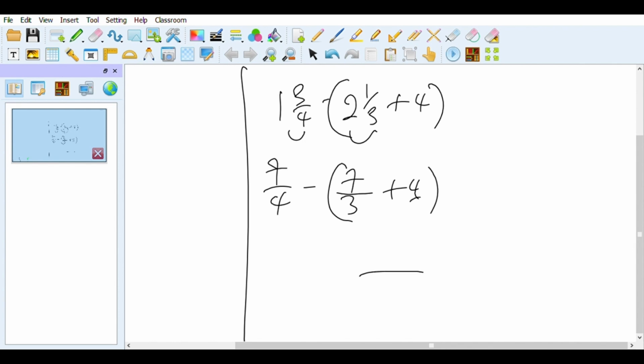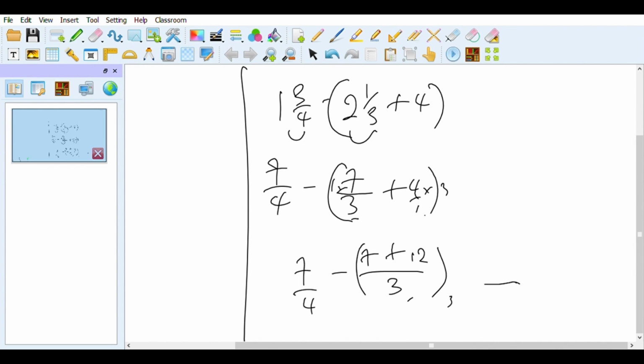So the LCM here, remember the denominator is 1, denominator is 3. 3 and 1 is simply 3. If 3 divides 3, you have 1. Multiply 7 by 1, you have 7. Plus, if 1 divides 3, you have 3. Multiply 4 by that 3, you have 12. Okay, so remember this is in bracket, minus 7 over 4.